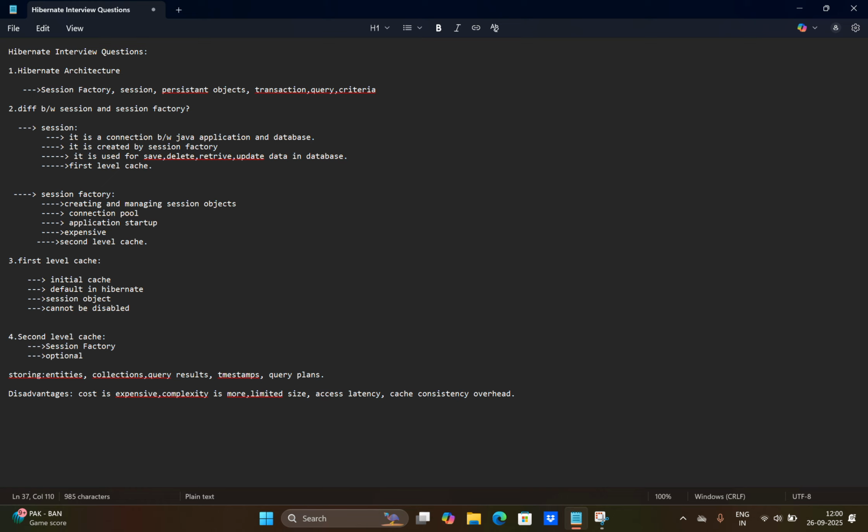Now, coming to the next points, how we can configure the second level cache mode. All entities and collections are cached by default, or no entities or collections are cached. Enable selective, disable selective, unspecified. These are the modes we can use to configure the second level cache.